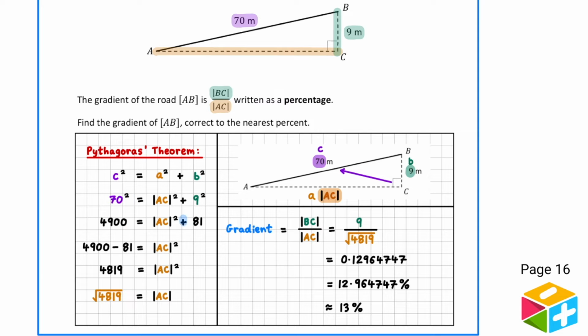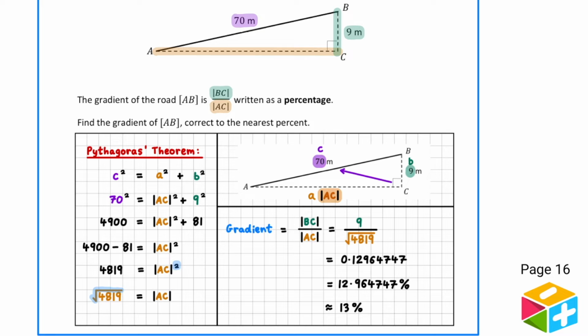To get rid of the plus 81 on the right, we can subtract 81 from both sides. When we perform the calculation on the left, it comes out as 4819. Now, to get rid of the square, we can square root both sides.